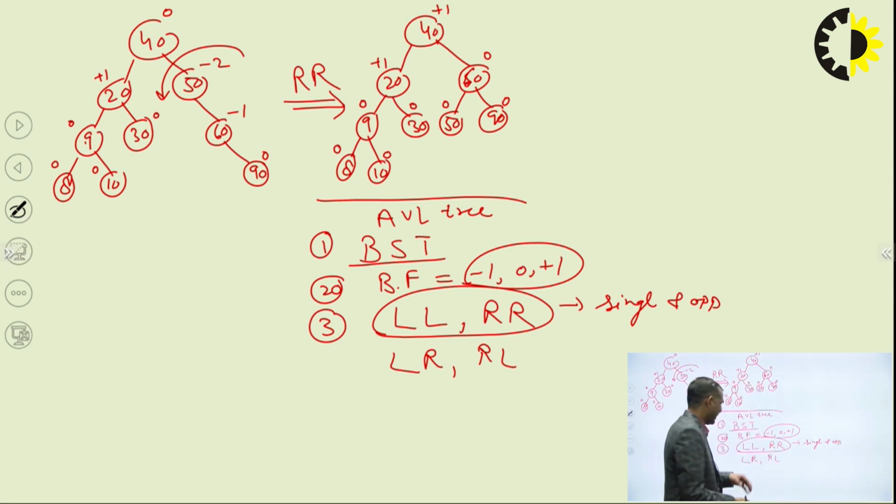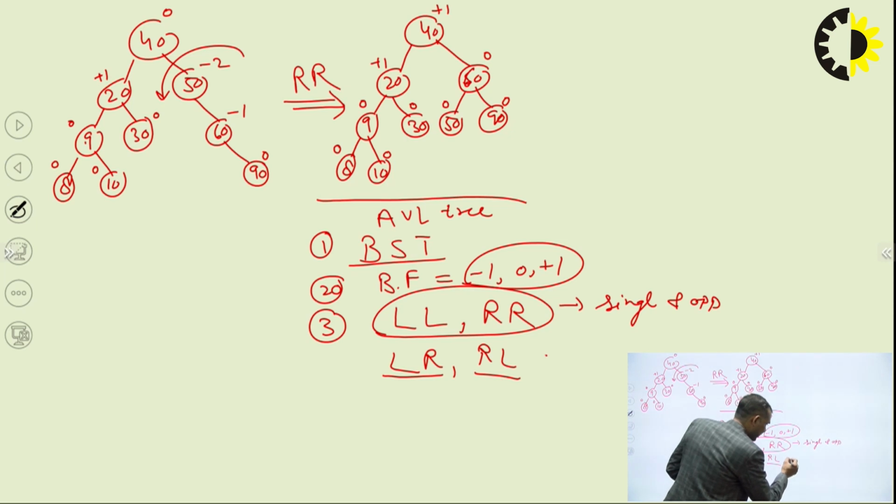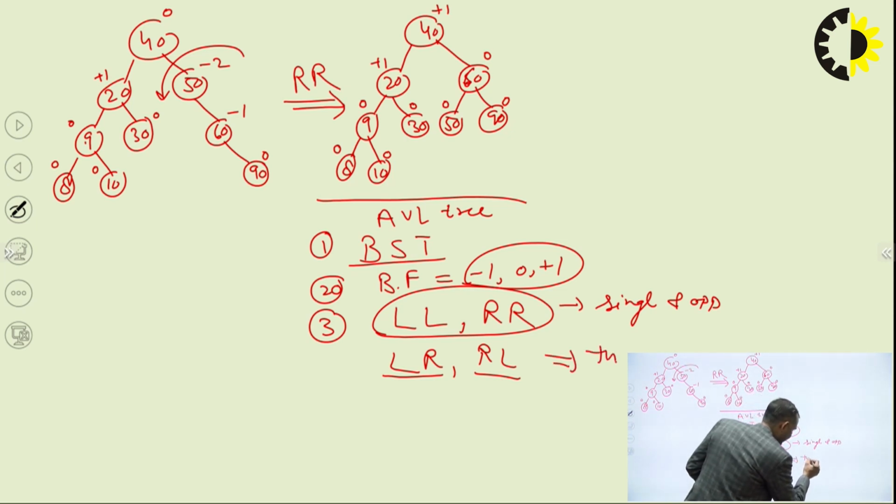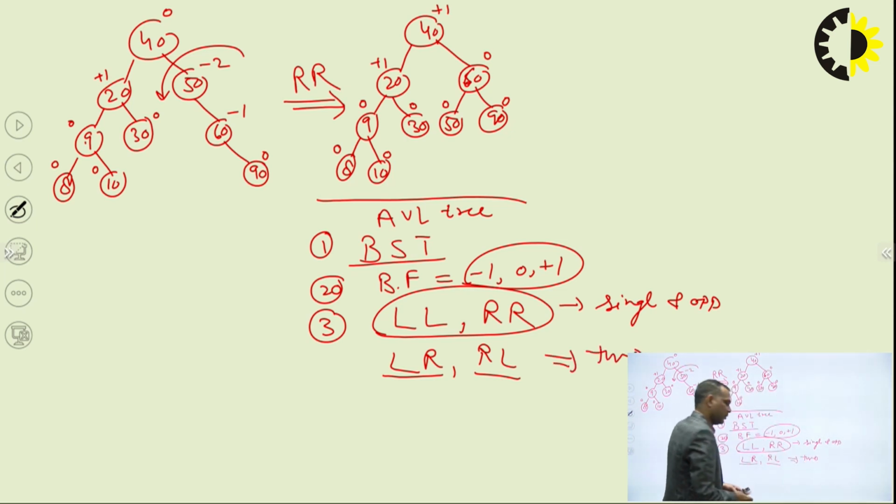Means when LL comes, it will rotate into the right side, or when RR rotation comes, it will rotate into the left side. When left right and right left comes, we have to rotate it 2 times. First left side, then right side, and then right side, and then the left side.